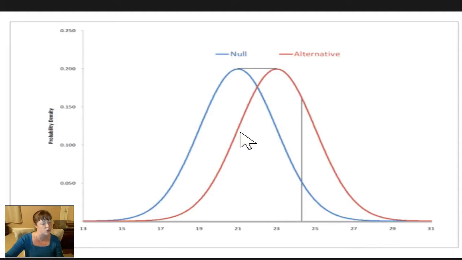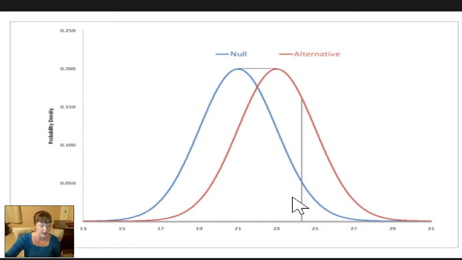And here we've got this new red one centered on 23, because that was what the X bar was. And so if the null is true, 23 is just a random sampling error from a population that has an average of 21. But if the alternative is true, 23 is meaningful. And so we lay them on top of each other. But then so we've got these two competing hypotheses.